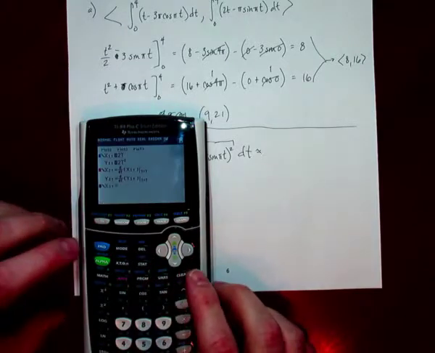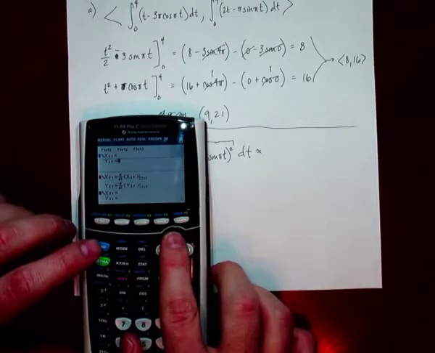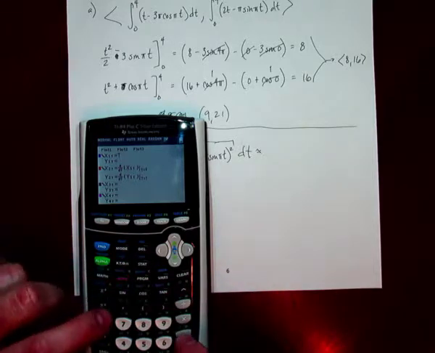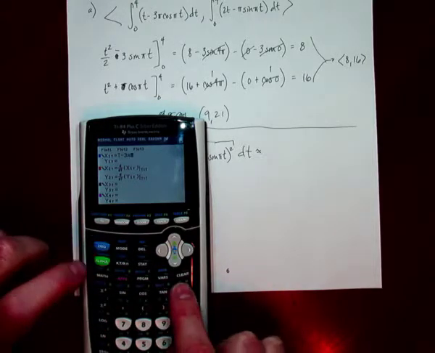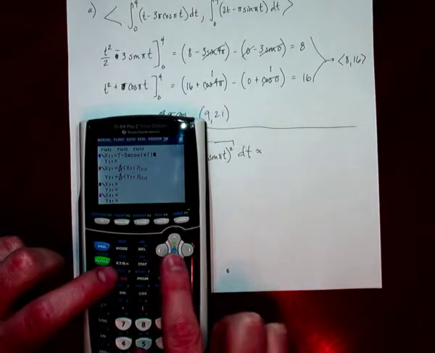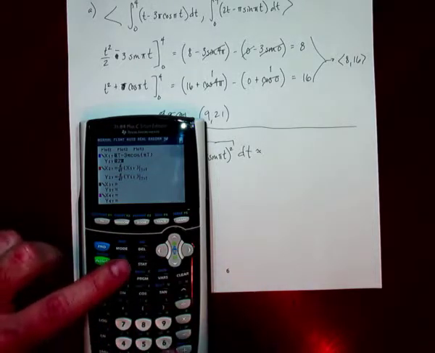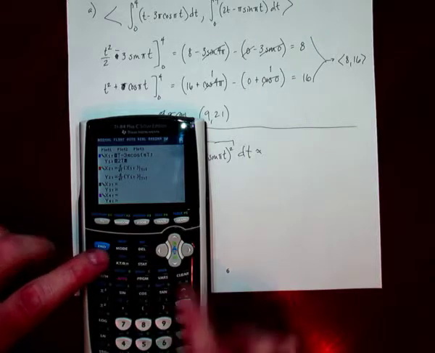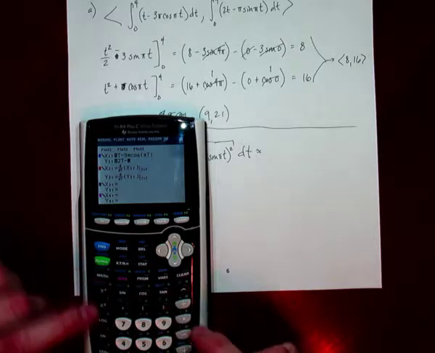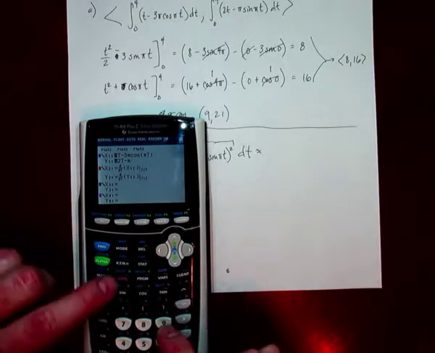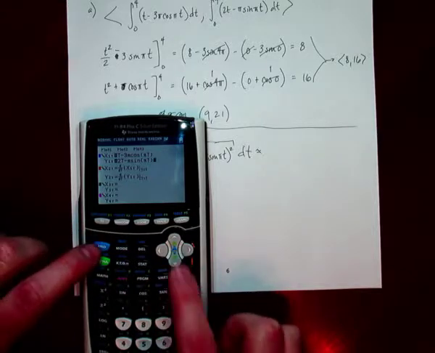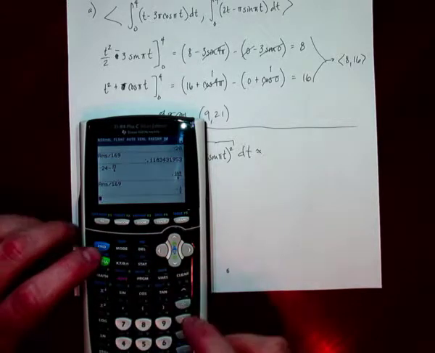So let's go ahead and do that. All right, let's go t minus 3 pi cosine of pi t, and this one becomes 2t, yeah, they're both minus pi sine pi t, and then we'll go back to the main screen.